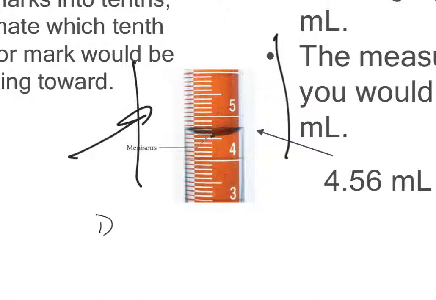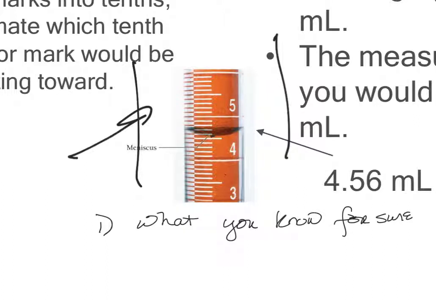The first thing that you want to do is you want to write down what you know for sure, okay? And you will always know for sure that your volume or whatever you're measuring is in between two values, okay? So look at this graduated cylinder and see the bottom of the meniscus is for sure between what two values?